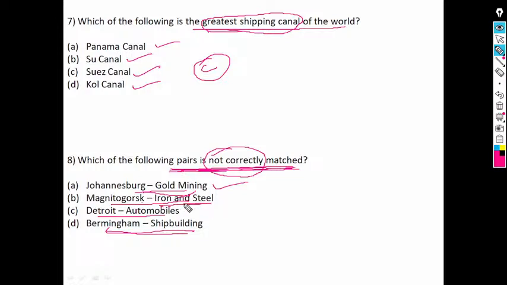Magnitogorsk is iron and steel particularly, Detroit automobiles, Birmingham shipbuilding. So the answer is D, Birmingham shipbuilding.